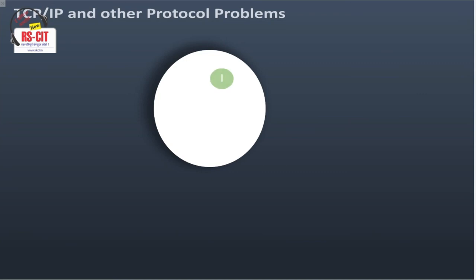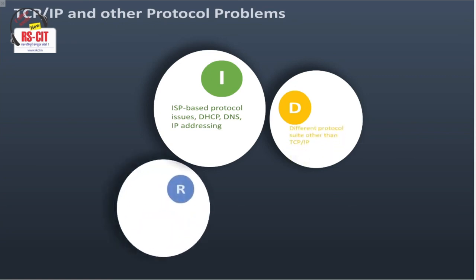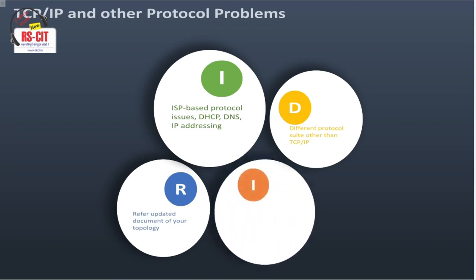TCP/IP and other protocol problems. Here are some reasons why this can be an issue. To name a few: ISP-based protocol issues, DHCP, DNS, IP addressing, and or using a different protocol suite other than TCP/IP within your network.